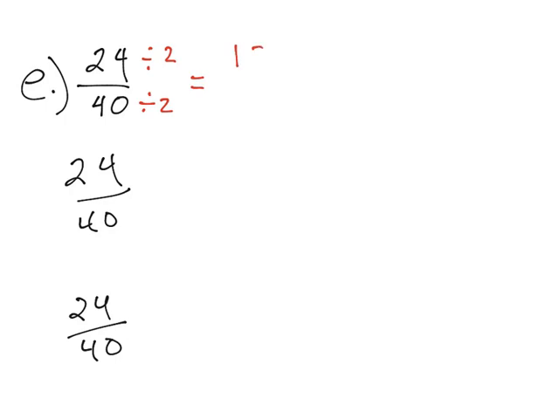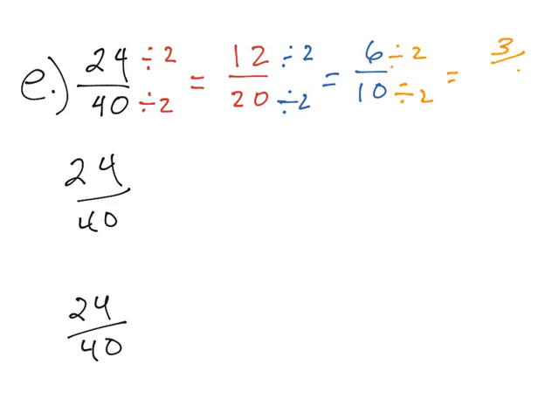So dividing by 2, I get 12 over 20. And you're like, well, let's keep going. Divisible by 2. So now I get 6 over 10. Well, keep going. Divisible by 2. And I end up with 3/5. So it took me 3 steps, but I got there. Okay, so that's the first one.